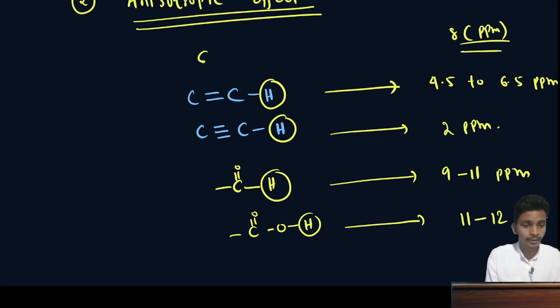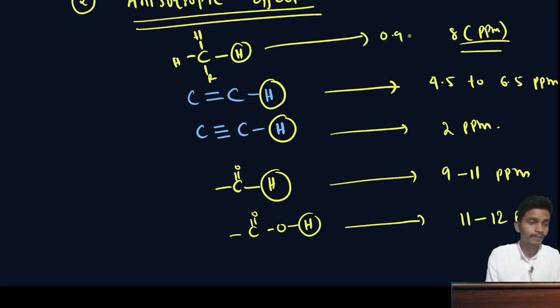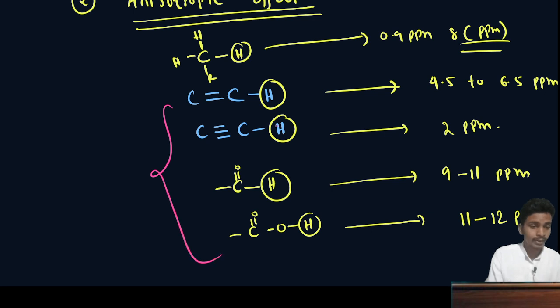Although, let's say, for a 1 degree carbon the chemical shift value is 0.9 ppm, why is the chemical shift for some molecules very high, and for some cases very low? See, for alkyne the chemical shift is 2.2 ppm, whereas for alkene it is 4.5 to 6.5 ppm.